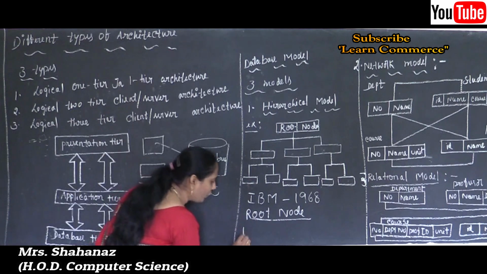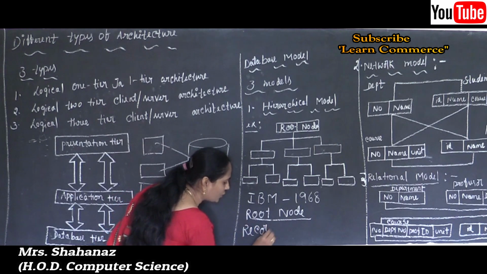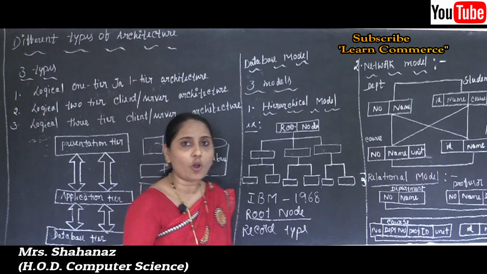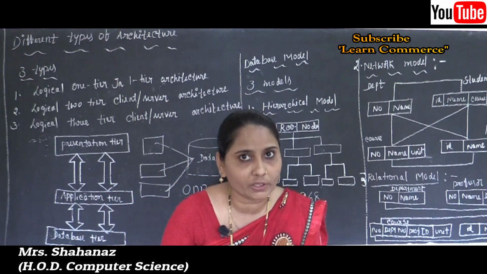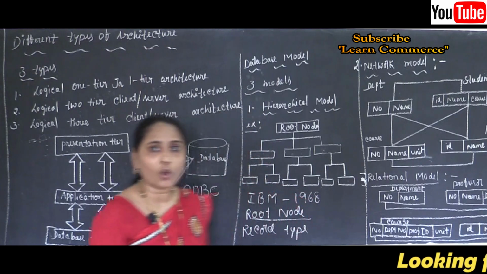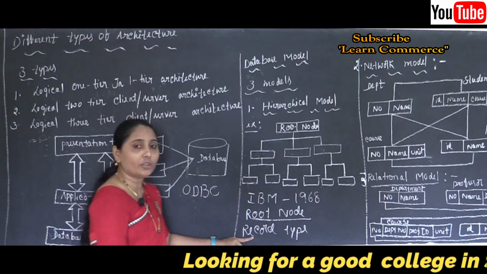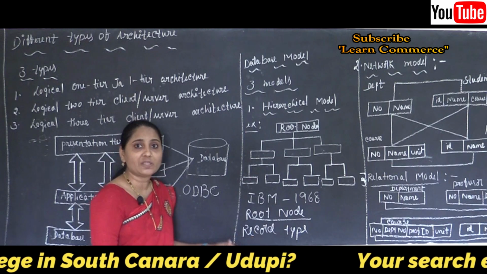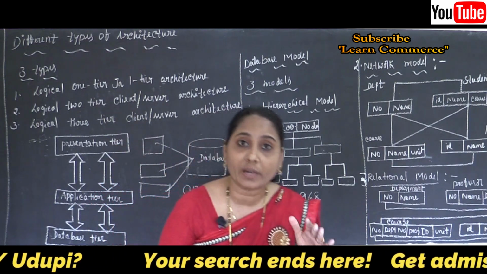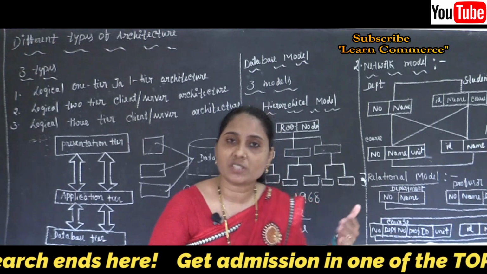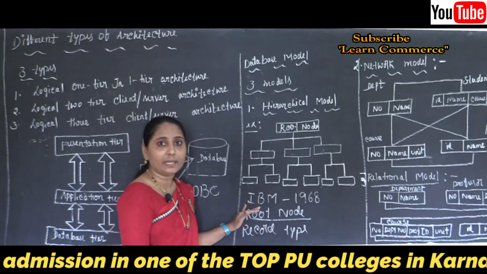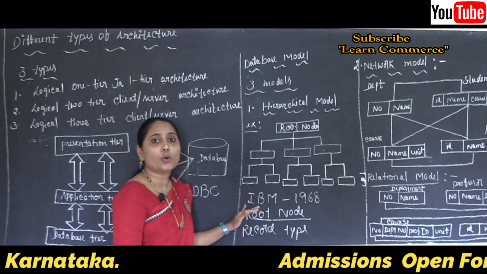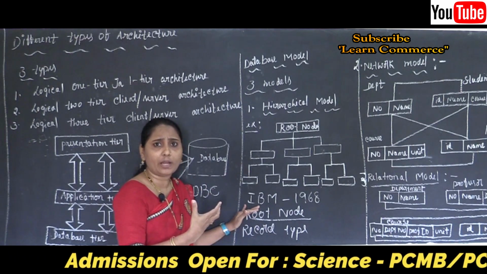Now what about the record type, or which one is called the record type? We can say the collection of the same type of record. So the same type of record is called the record type. Clear to everyone? The meaning of the record type is the collection of the same type of record, because whatever is there in the database we are going to arrange in record manner, one after another.